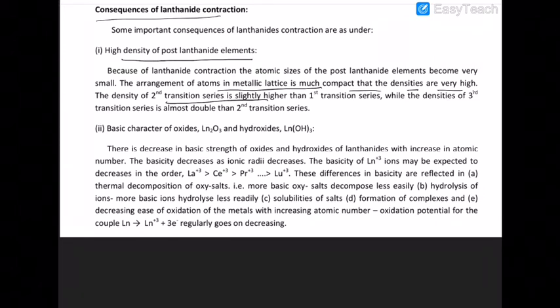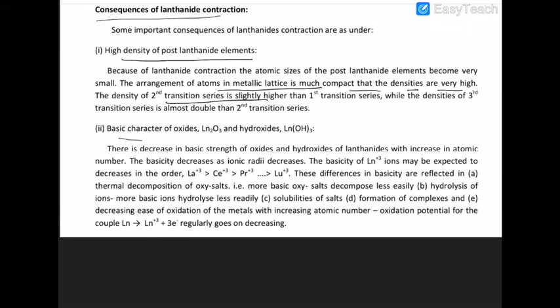So these elements have an atomic number difference of 32, but their atomic sizes are nearly the same. Why? Due to the lanthanide contraction. Zirconium and hafnium have the same size, niobium and tantalum have the same size, molybdenum and tungsten have the same size. That is very, very important.